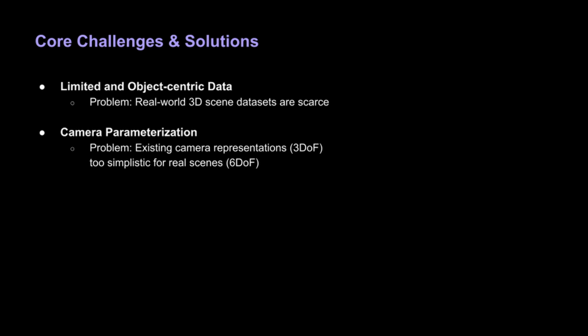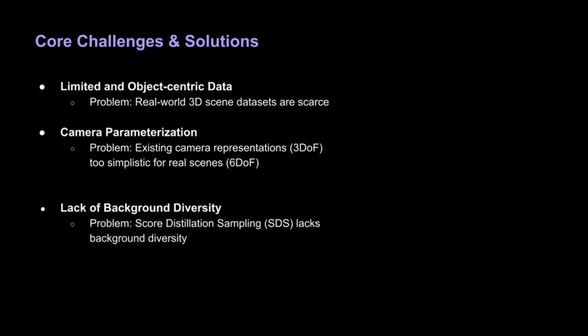The problem here is that existing representations are too simplistic and cannot meet the requirement when generating real scenes. The third limitation is about lack of background diversity. Score distillation sampling used in NVS tends to produce monotonic background, especially when it's not observed in the input.